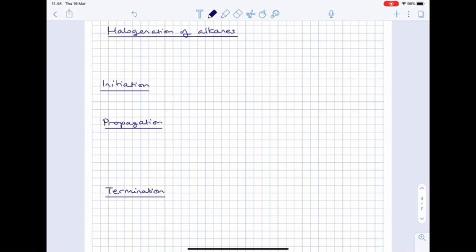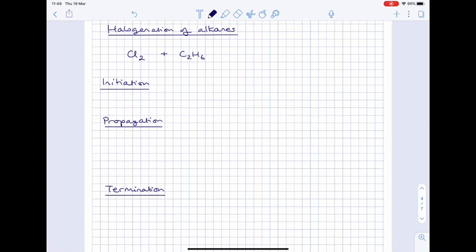So let's look at halogenation of alkanes. So if I use chlorine, halogen, and let's say I use ethane, just a simple alkane, we have a substitution reaction where at least one of the hydrogens is substituted by the halogen.